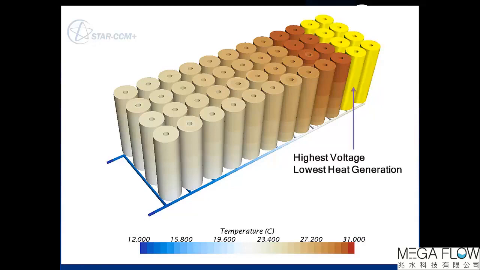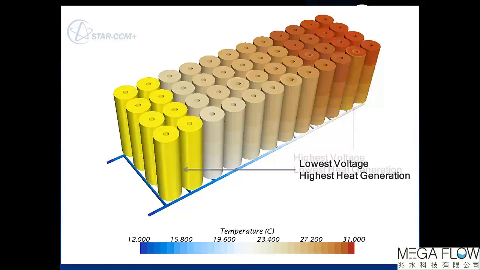We can notice that the hottest cells are the ones that show the highest voltage and then the lowest heat generation, and the cooler cells are the ones showing the lowest voltage and the highest heat generation, as we would expect. Obviously this kind of performance is rather poor.